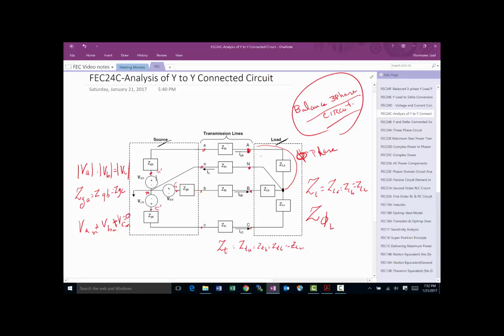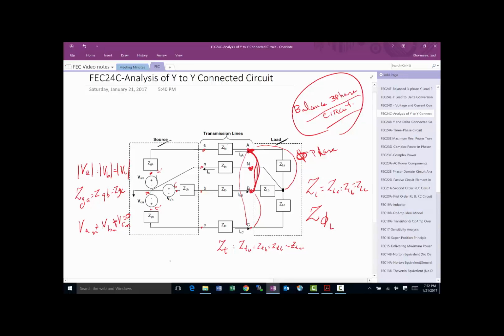If they're talking about line to line, they're talking about from here to here, here to here. So A to B is called line to line. You could have A to B line to line, B to C line to line. But phases are A to N, B to N, and C to N. Okay, so here is what we've got to do.